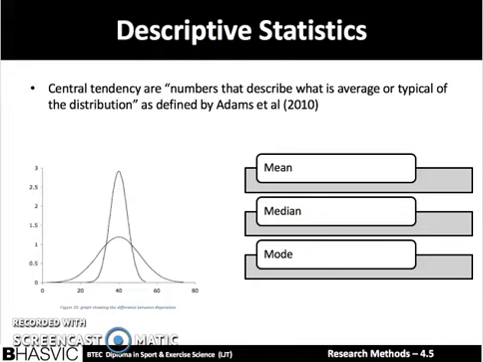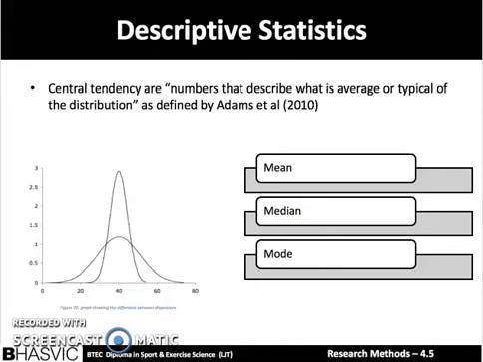And if n is odd, where n is the number of participants, you do n plus 1 divided by 2, and this gives you the position of your median. So you would count along and find that position, and whatever value is in place of that position is your median.